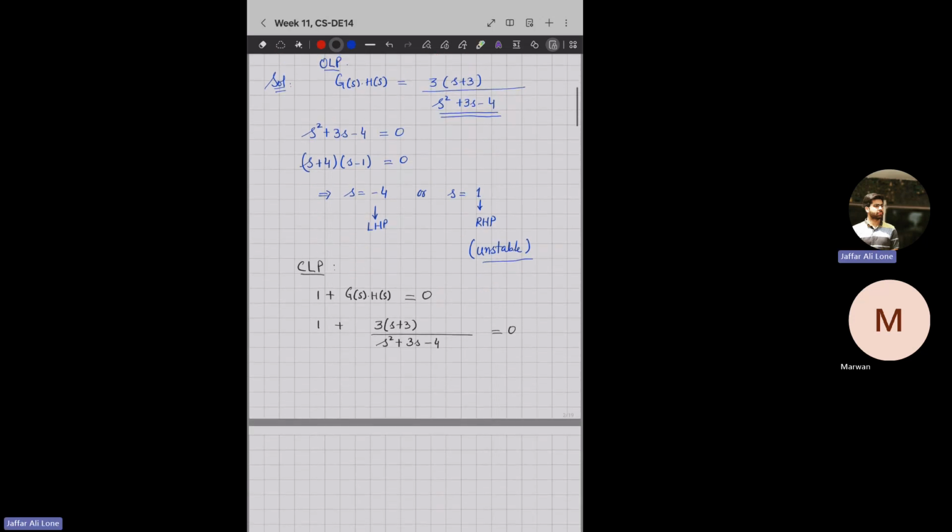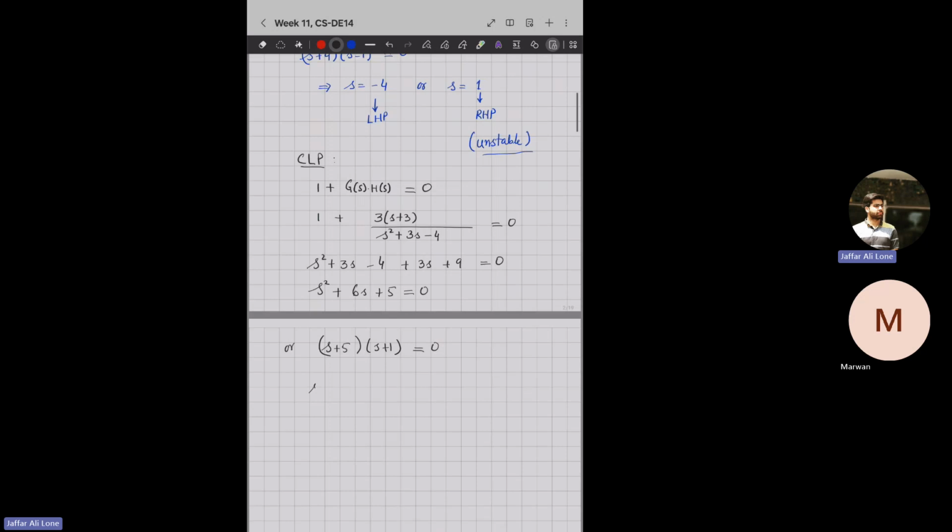Now let's solve it. You'll get s squared plus 3s minus 4 plus 3s plus 9 equal to 0, or s squared plus 6s plus 5 equal to 0, which you can write as (s plus 5)(s plus 1) equal to 0, which means s is either minus 5 or minus 1.